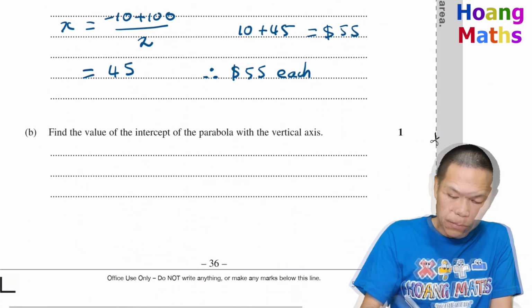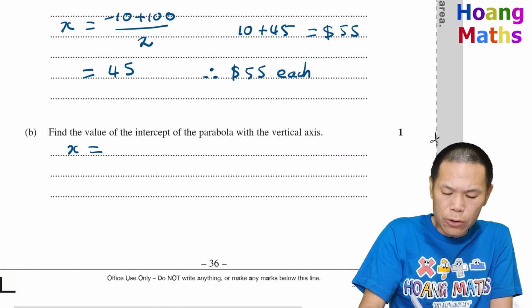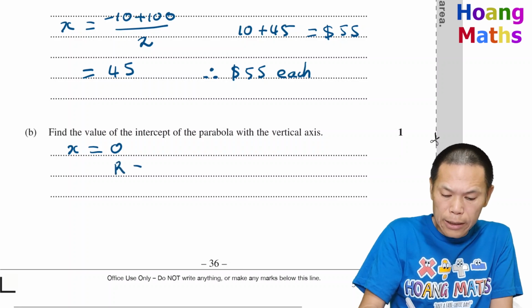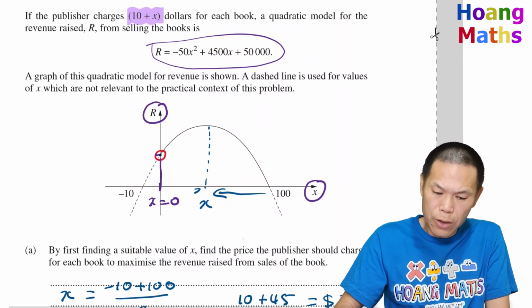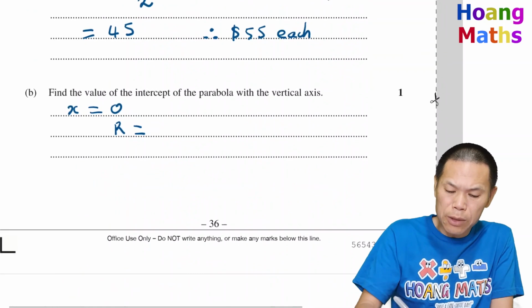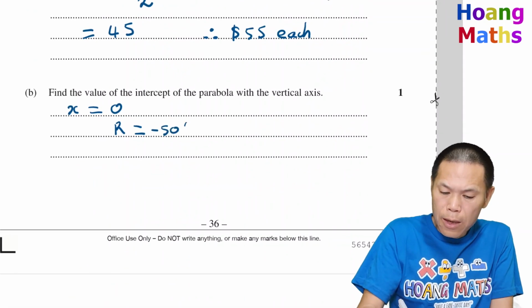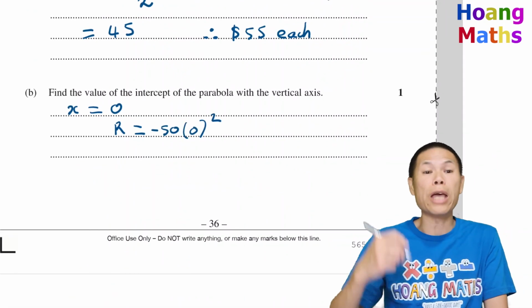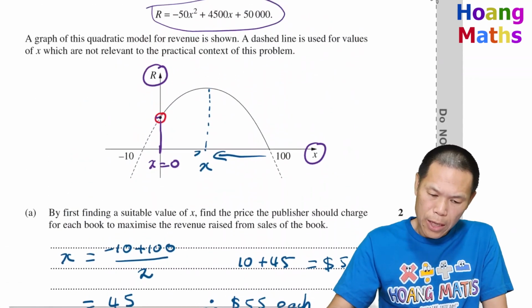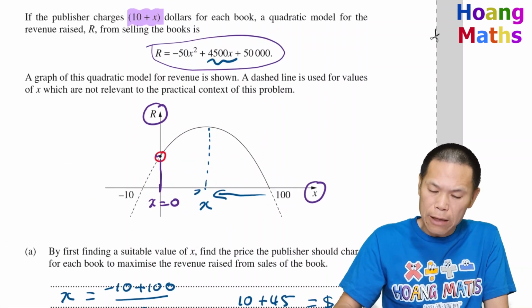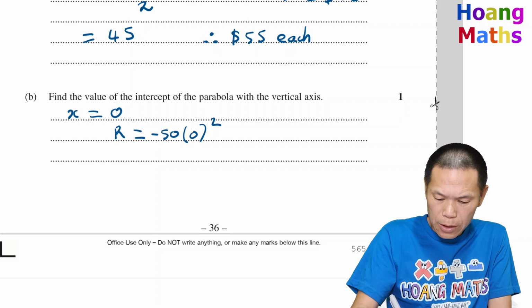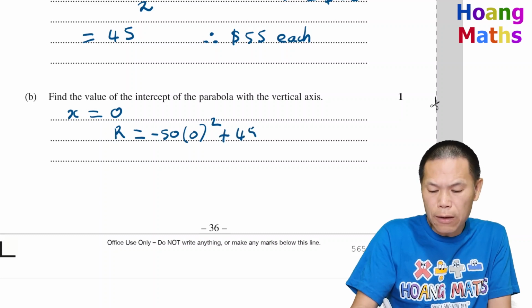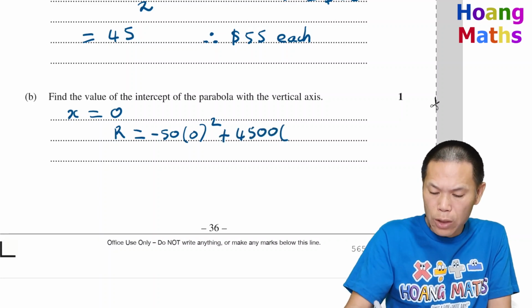So that becomes, when x is equal to 0, R is equal to the revenue, negative 50 times 0 squared, because x is equal to 0. And then we add 4,500 times x, where x is 0.